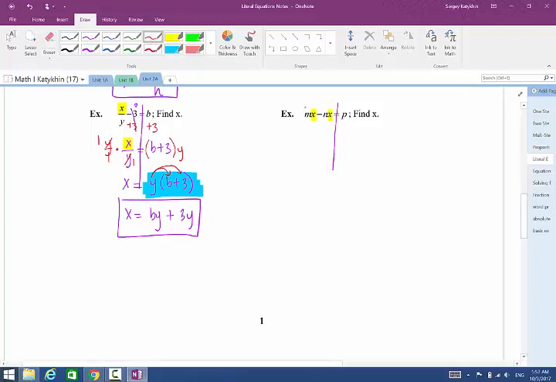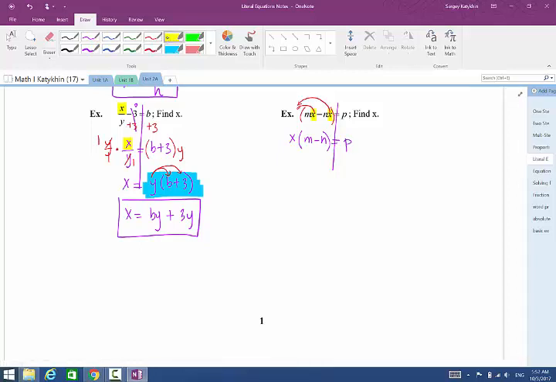So what I need to do here is undo the distributive property. In other words, I need to take that x and take it to the front. When I do that, I get x in front. Then what's left is m minus n is equal to p.